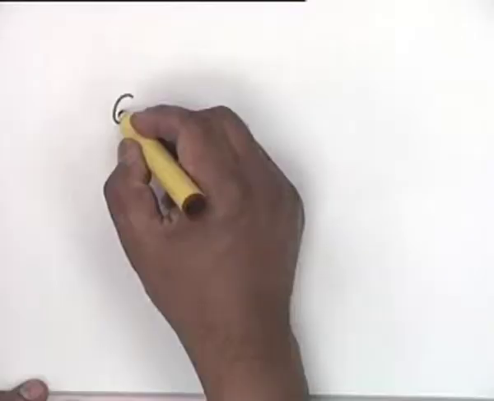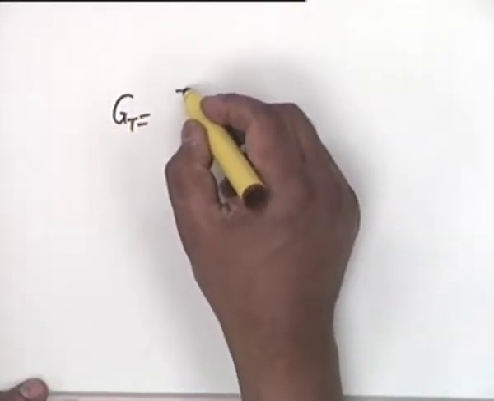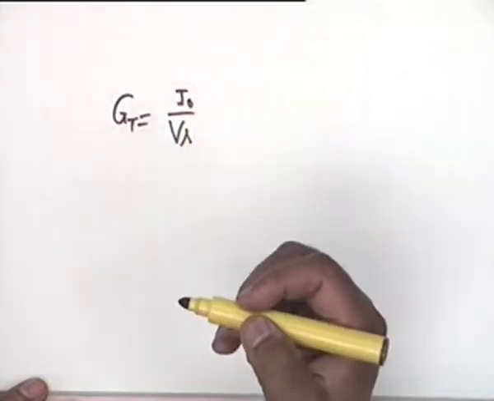We had analyzed this circuit for the mid-band gain, and the expression for mid-band gain was GT, which is equal to I0 by Vs transfer.